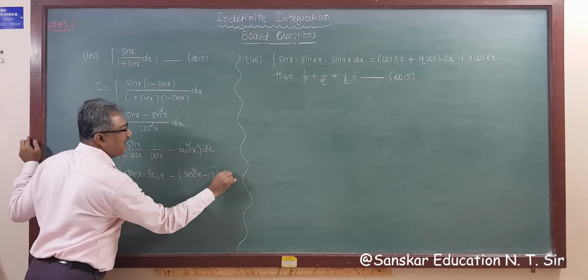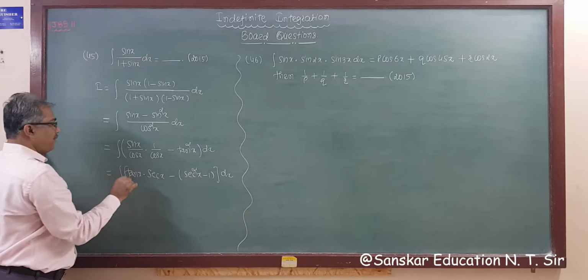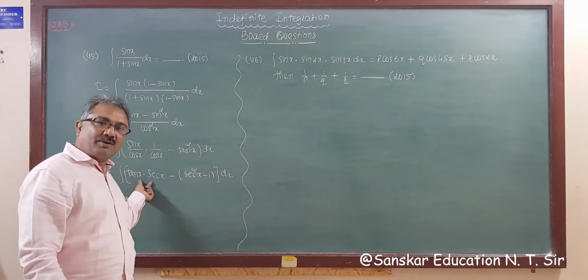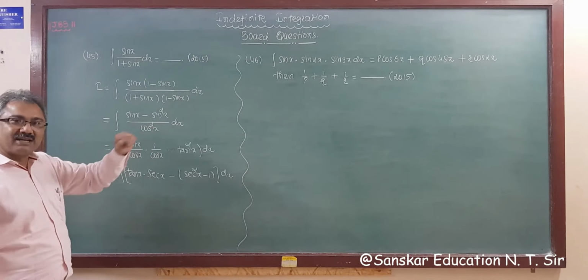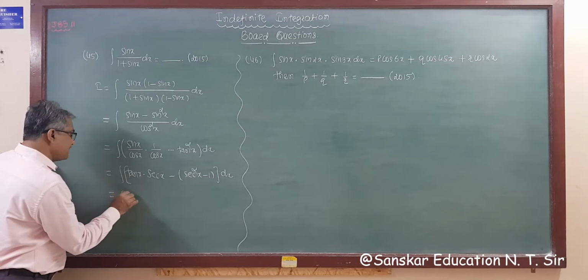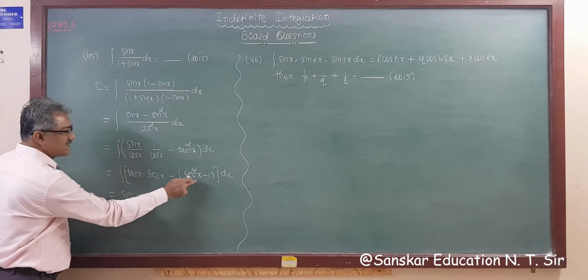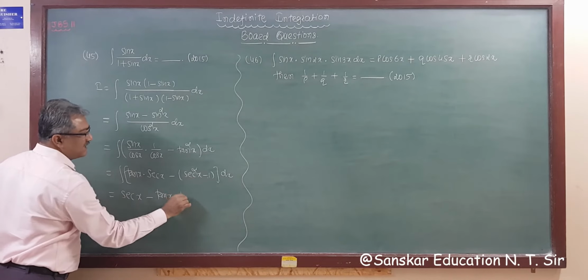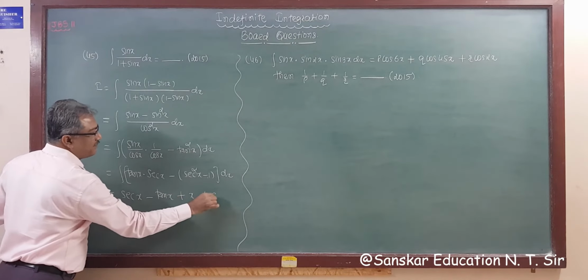Now tan x into sec x is the derivative of sec x, so its integration is sec x. So this is sec x minus tan x plus x plus c.